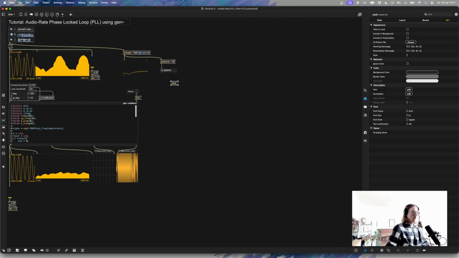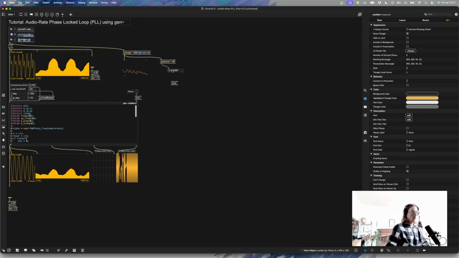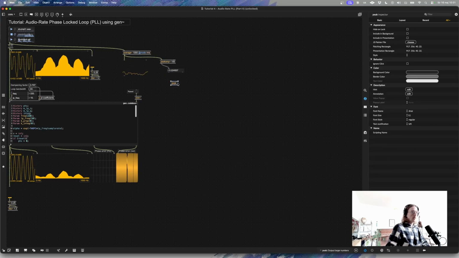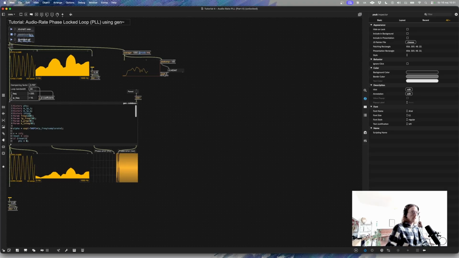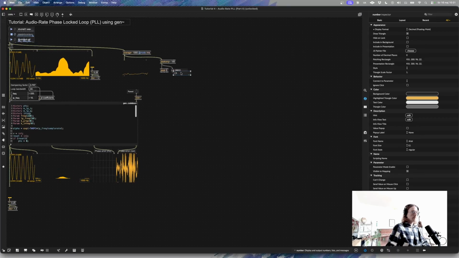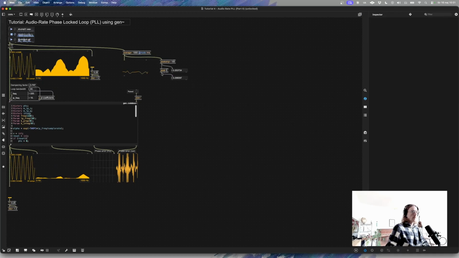And this works well with the peak object, which needs 0 to initialize it. And now what we get out here is the maximum of these reported values over time.